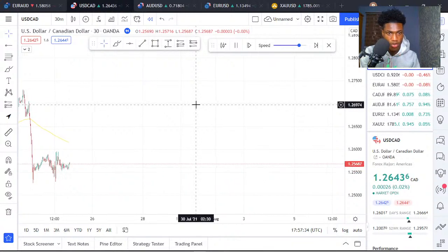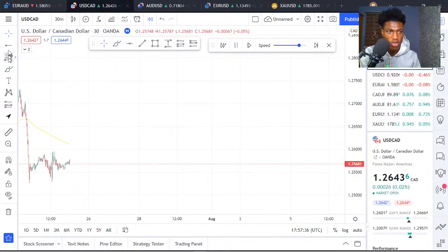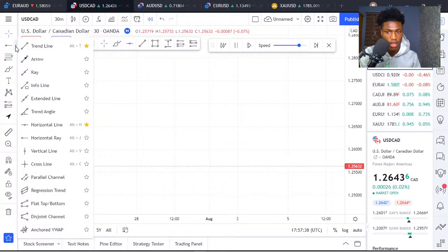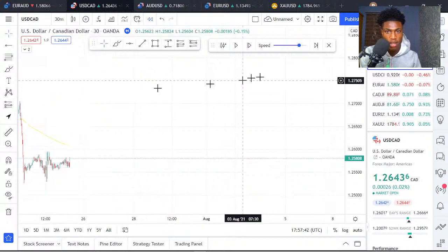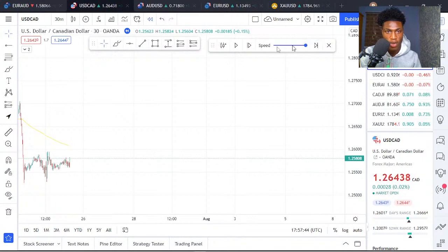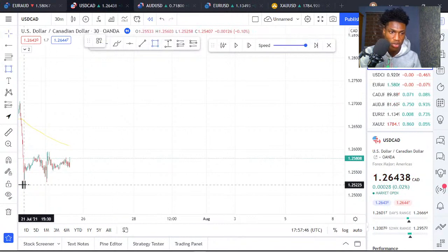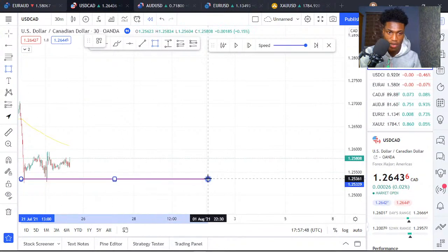So at this point, I'm just going to apply the rectangle tool. If you want to use a horizontal line, it's fine.